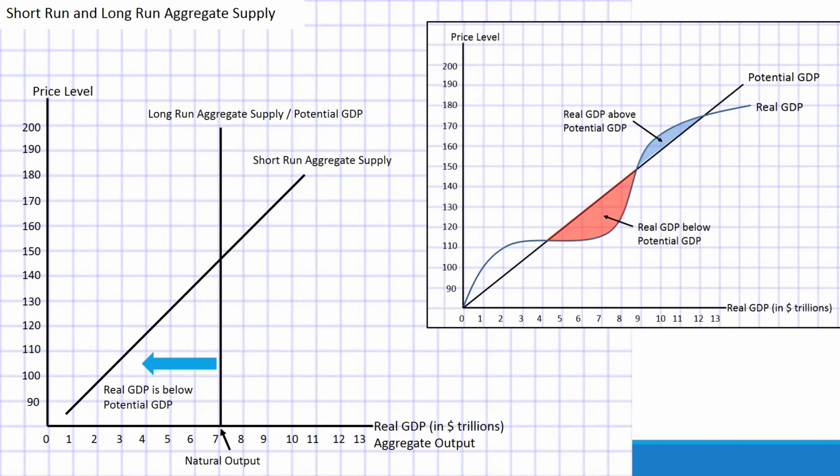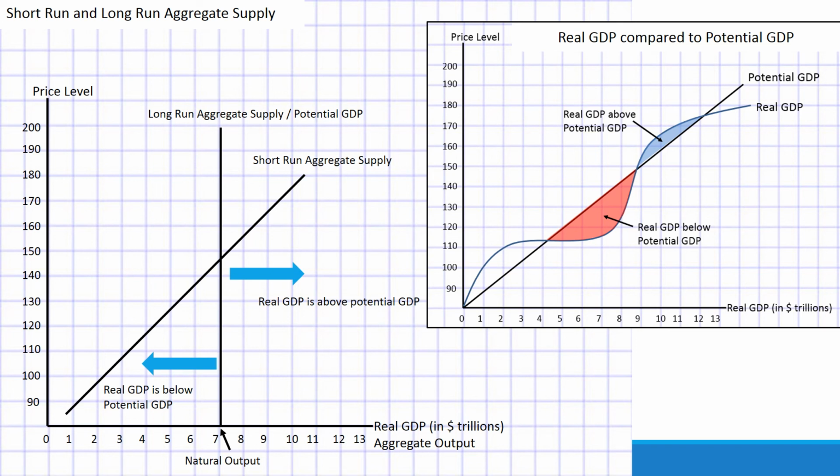That's real GDP below potential GDP, which means that any intersection of aggregate supply and aggregate demand. Now, I left demand off here on purpose because we're going to pick it up in the next lesson. But all points to the left of long run aggregate supply are below potential GDP, which means that all points to the right are above potential GDP.